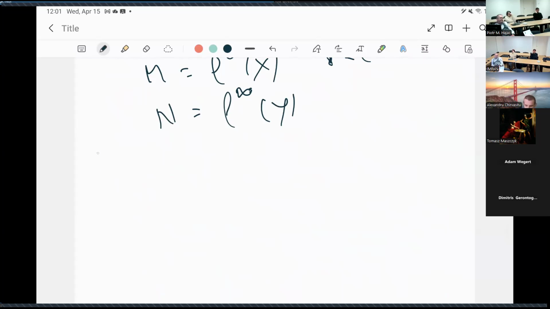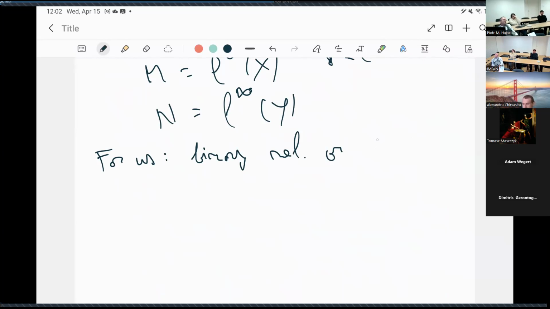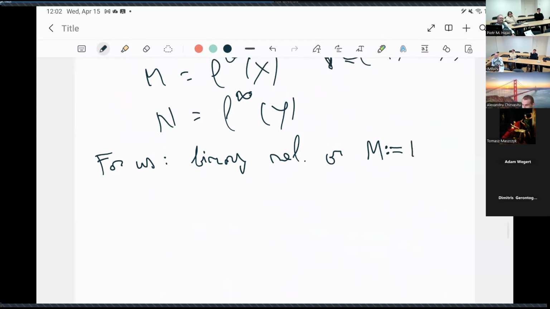So for us, a binary relation on a single quantum set, meaning von Neumann algebra, and it's going to be a matrix algebra. This is the setup for whatever theorems I end up stating.